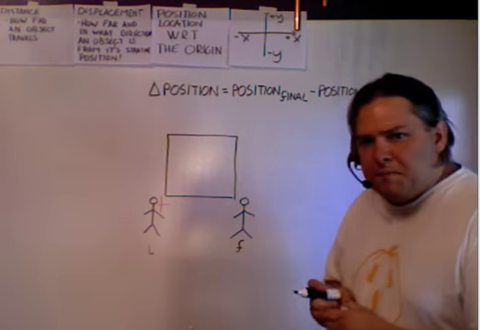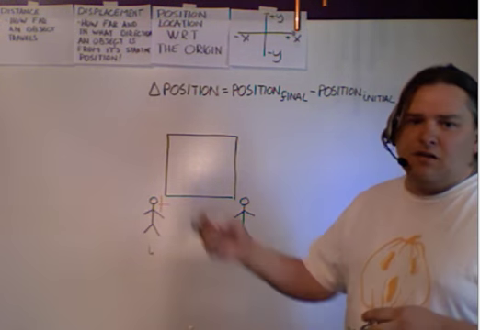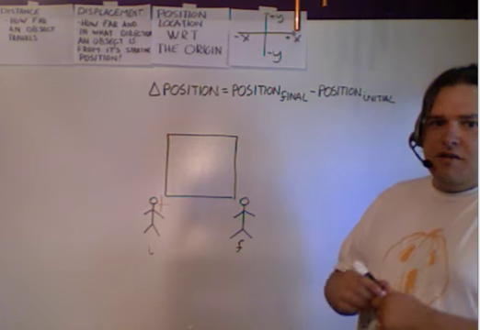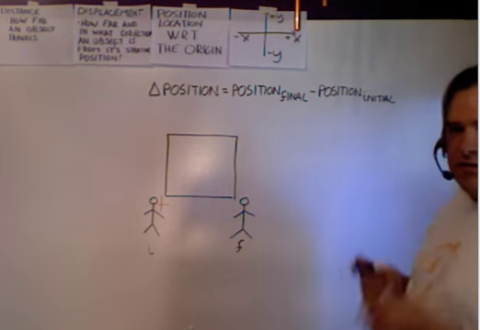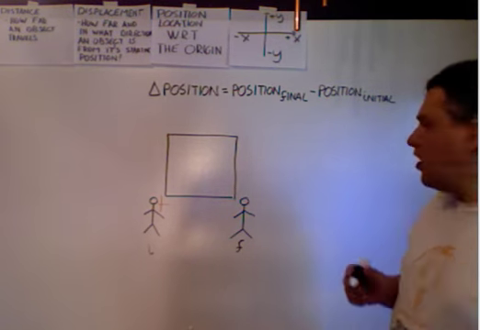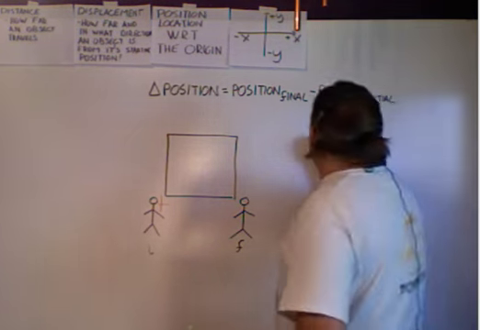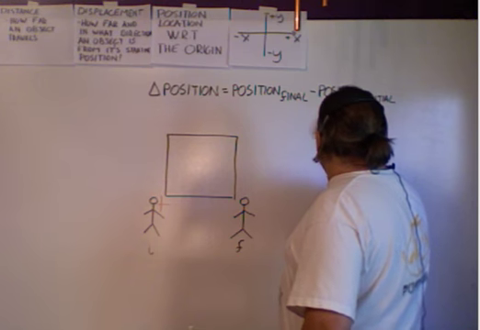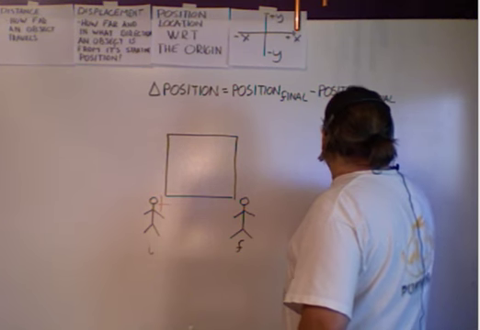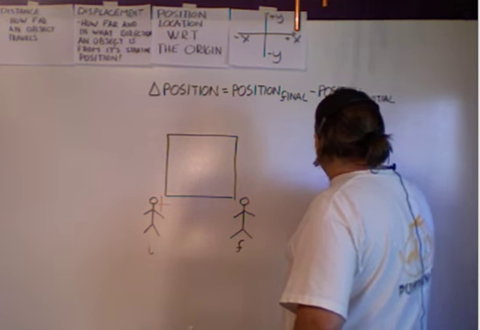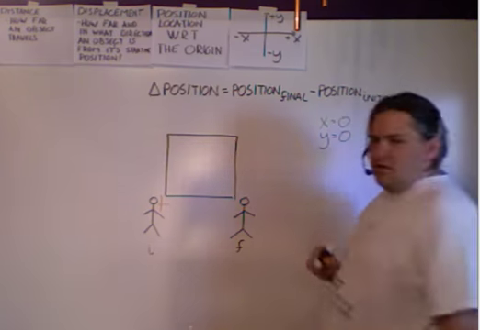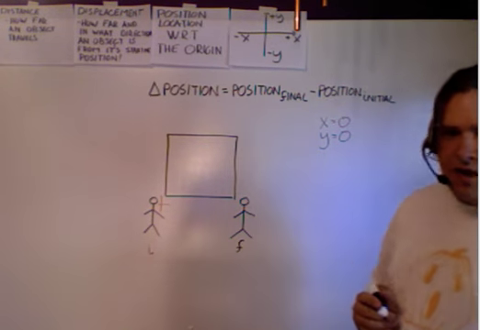Now, if you remember back, if you don't, go back and look at the video for position, the origin is a point with very specific values for both my x and my y. The origin is where the value for x is equal to 0 and the value for y is equal to 0. That is the origin. Okay?